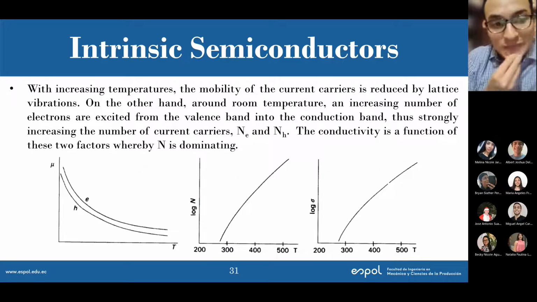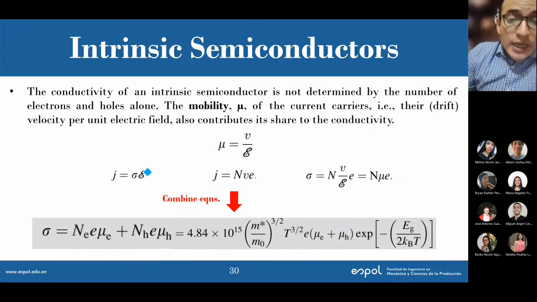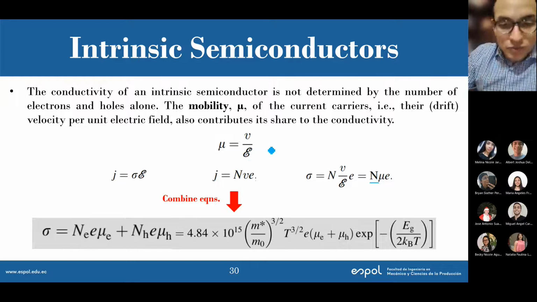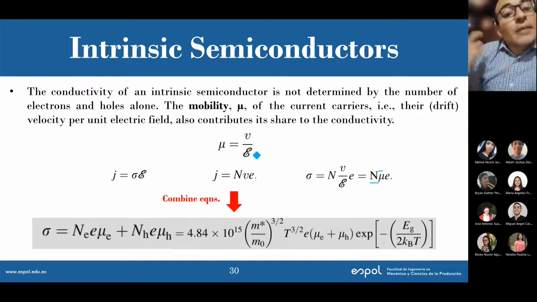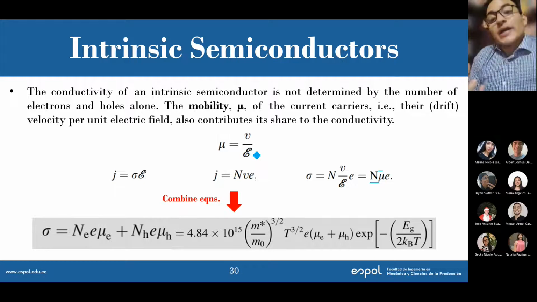Okay. Now, if you look at the equation, it depends on two factors: the number of current carriers, which might be electrons or holes, and their mobility. But if you think about these two factors, they are actually competing.